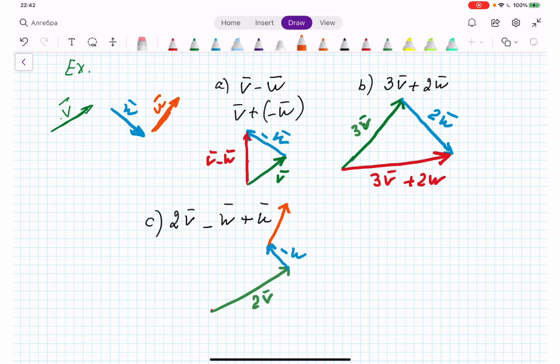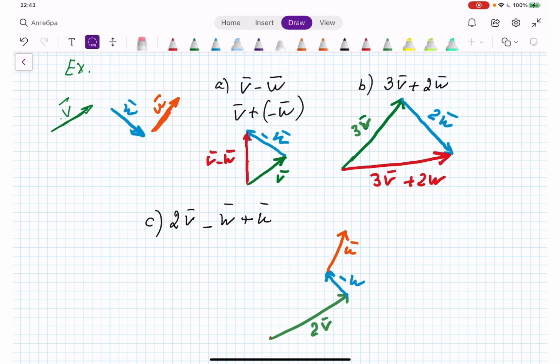And this is our U. Let me move a little bit down. And lastly, we are going to connect the beginning of V to the end of the U vector.